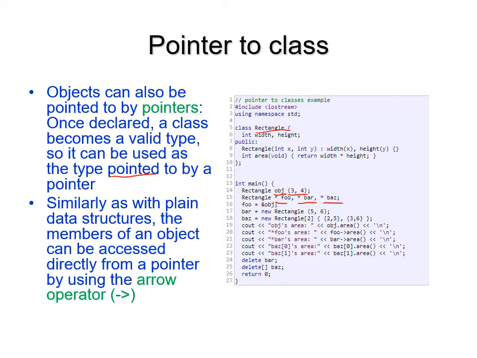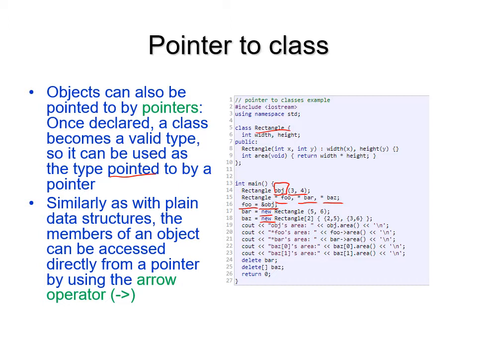Okay, so when using the object, you can give the address of the object to foo, the first pointer, or you can use new to construct or allocate memory for the bar object and the baz object.